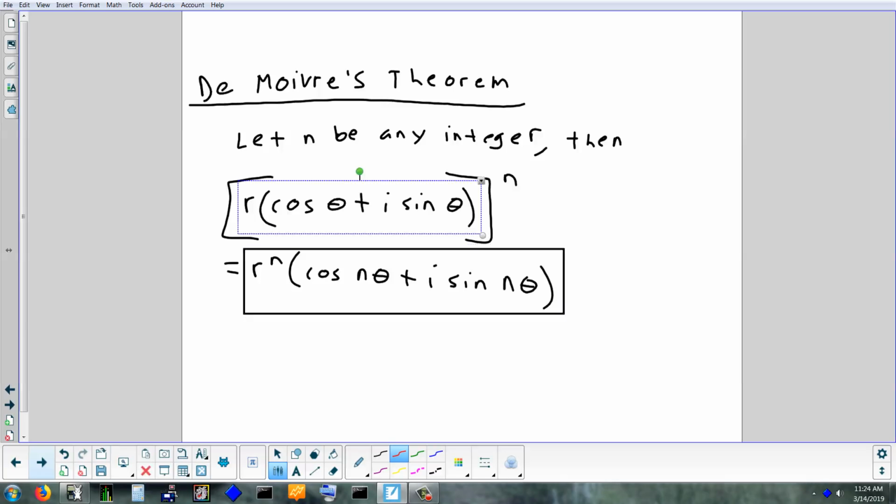And doing that takes the place of all the foiling, all the I-squareds, all that stuff you would have to do, especially if you had to raise something to like the 50th power. This would take the place of writing 50 sets of parentheses and having to FOIL 50 times, which wouldn't really be doable. But remember, you've got to have trig form.